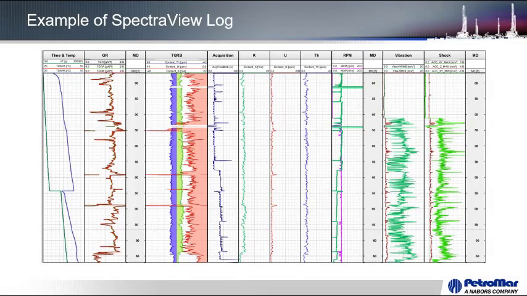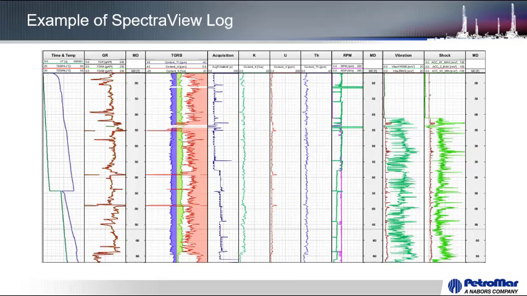So here's an example of the output of the tool, where we have the general recording of temperatures and the time during recording. Of course, the gamma ray, the total gamma ray API curve. Then we have the content of thorium, uranium, potassium. That gives us the relative amounts of each of the elements.